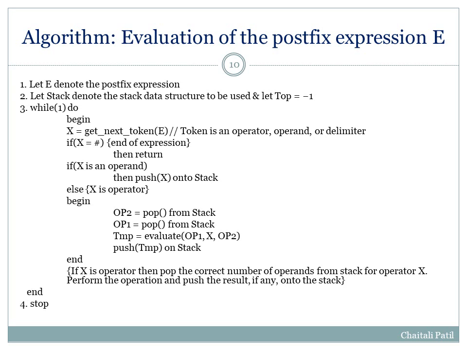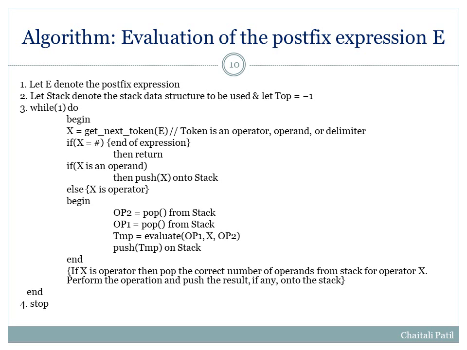While 1, do. Begin. X is equal to get next token E. Here get next token E is a function that gives X as a token. It can be an operator or an operand.